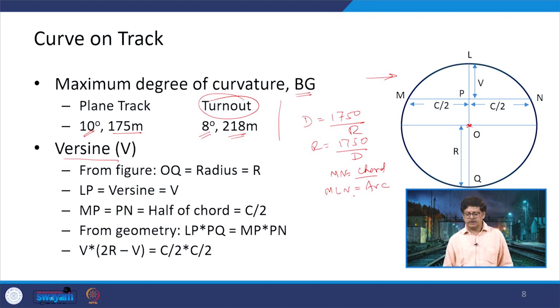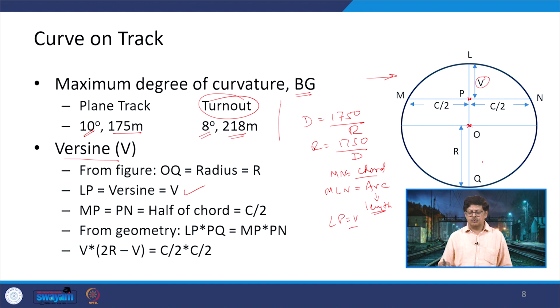The length of the curve goes along this arc, and the chord length is different. Just at the center, that is the point P, the distance between the point on the curve and the point on the chord is the versine, that is V. So LP is equal to V, as written here also.